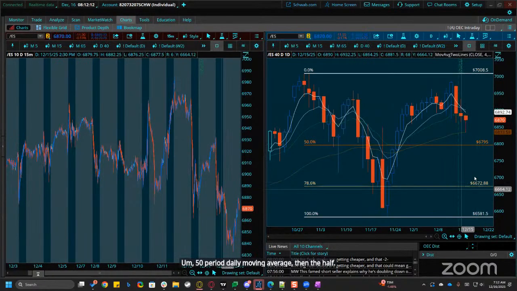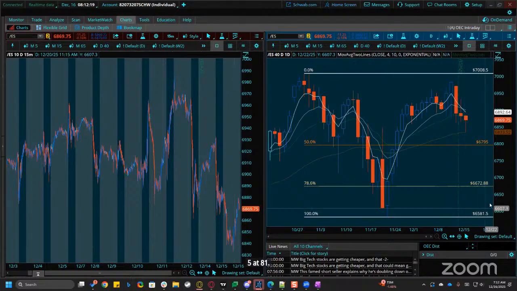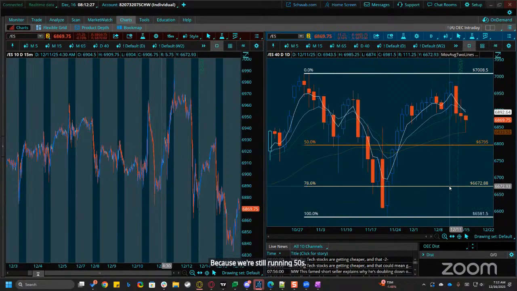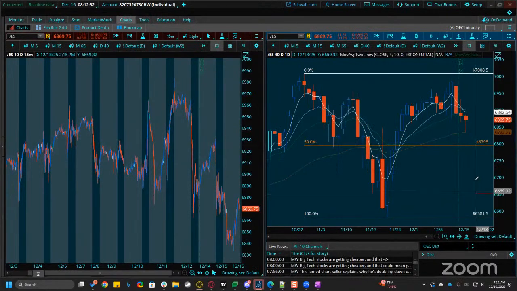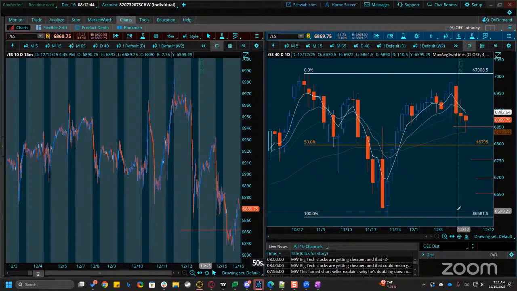Then 67.50, the roundy on down to 65.81 or 66.50, 6,600, because we're still running 50s. Simple enough.